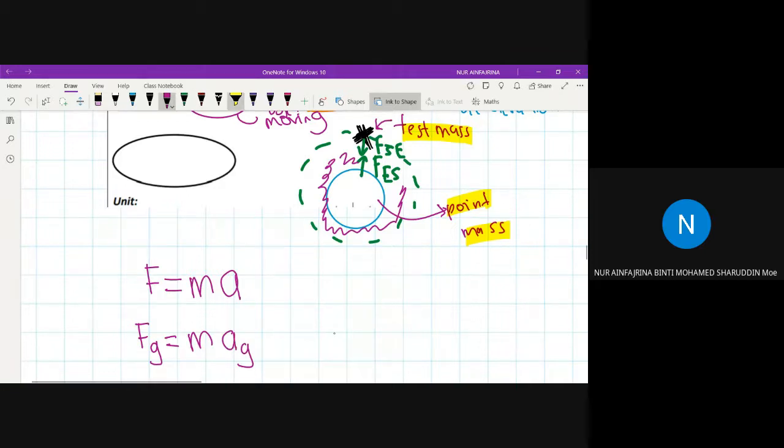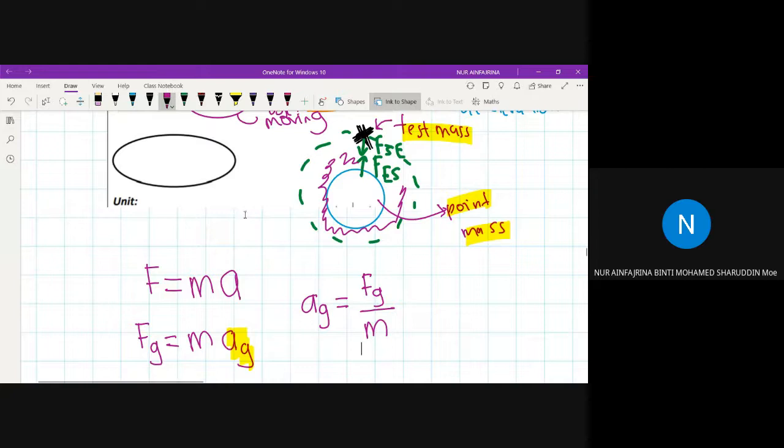Now our focus is on gravitational acceleration. So kalau kita susun balik equation ini, kita akan dapat gravitational acceleration equals to gravitational force over mass. So this is one of the equation you can use.